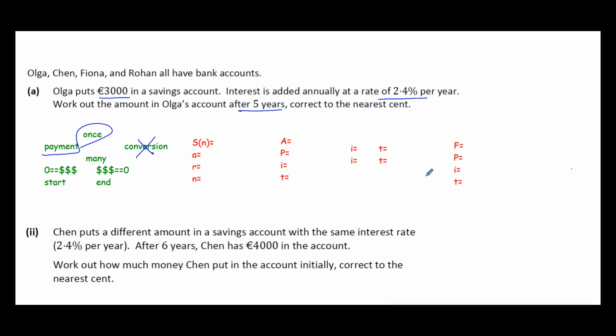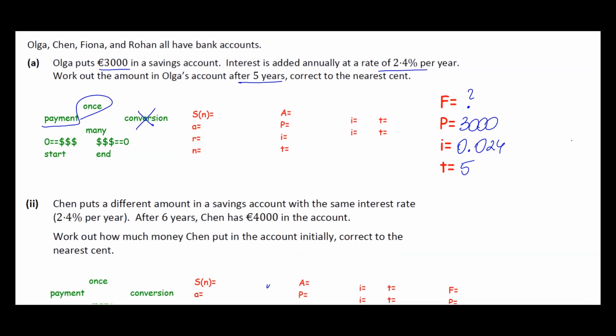So we know that's going to be our compound interest formula. So again, let's identify our elements. P is her investment, her present value, the interest rate is 0.024, the time is 5 years, and F is the one we are looking for. Really straightforward.